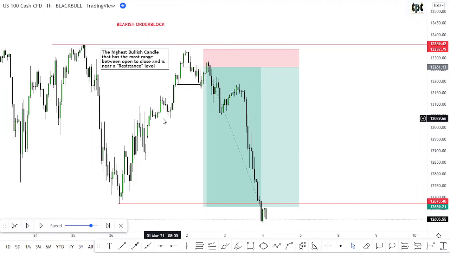You can see the market hit the target objective, and that is it. That is how you trade your order blocks, both the bullish and the bearish order blocks.